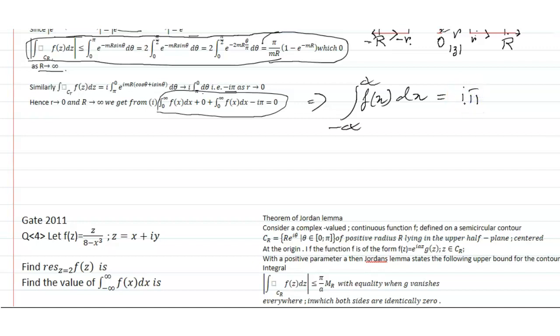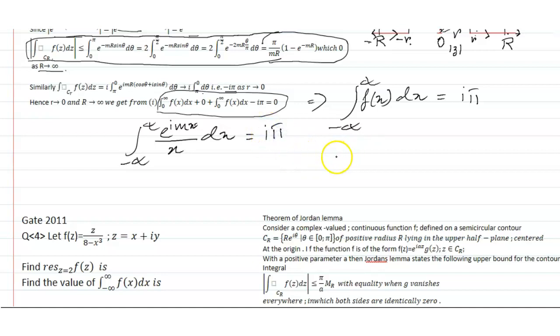Now this value is i pi, meaning the integral from minus infinity to infinity of e to the power i m x by x dx is equal to i pi.